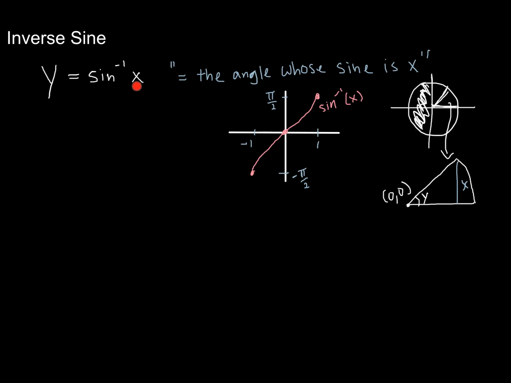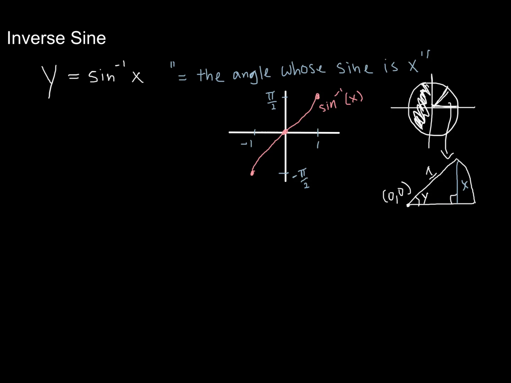We're inputting the y-coordinate value or the sine value, and what we're hoping to get out is the angle whose sine is that particular value. So that angle is represented as y. X represents that input or the y-coordinate or y distance from the x-axis, and the radius, of course, of the circle is 1, and so this, what you can think of as the hypotenuse of this right triangle here, is 1.